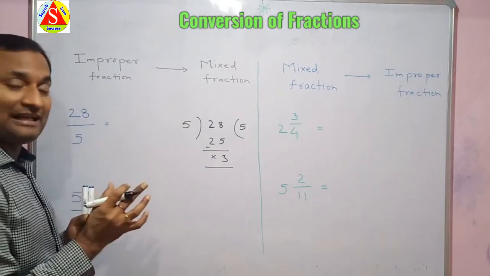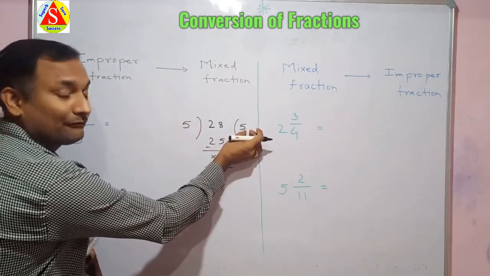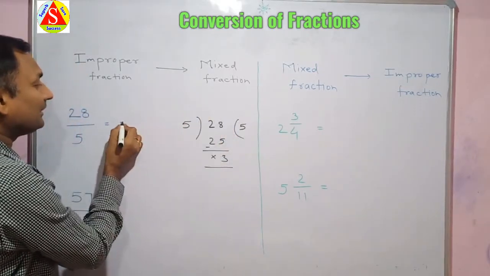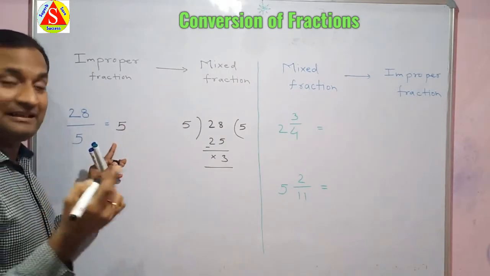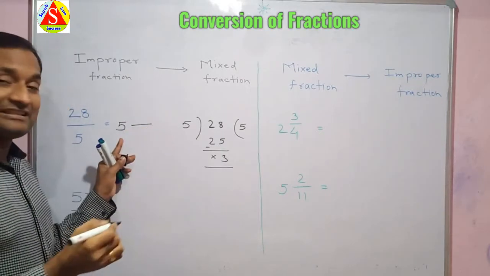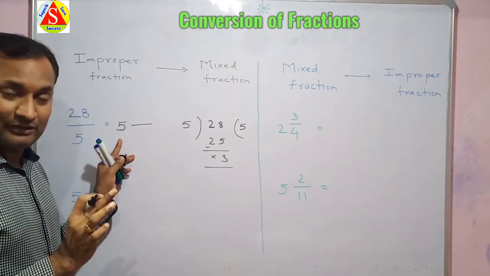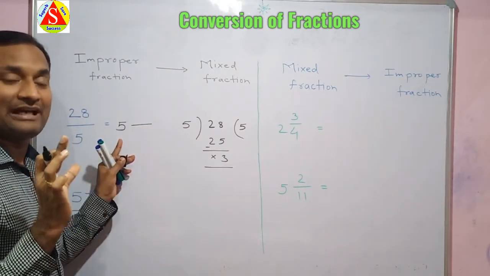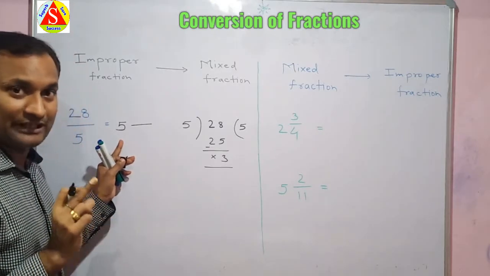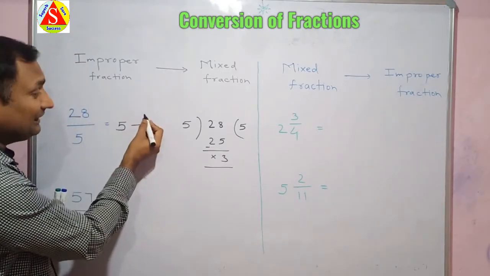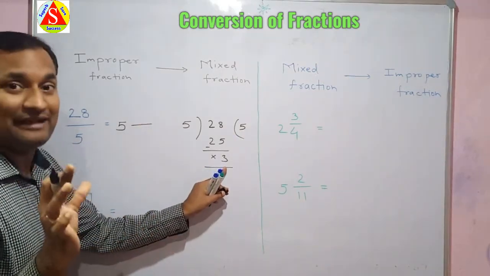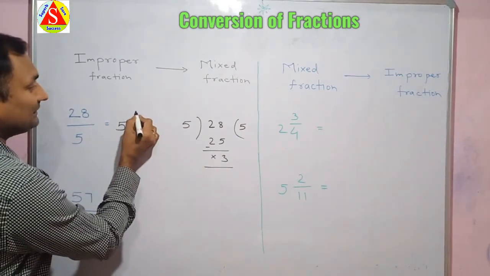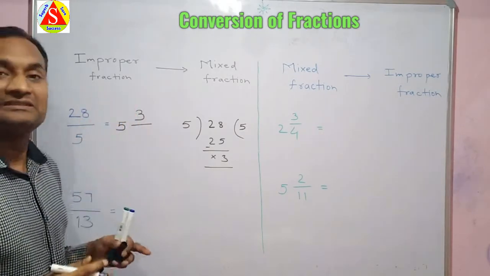For that, first of all we have to write the quotient term first. So here we are writing 5. This is our natural number. Then after that we have to write one proper fraction. In the proper fraction, in the numerator we have to write the remainder term. Here it is 3, so we write 3.